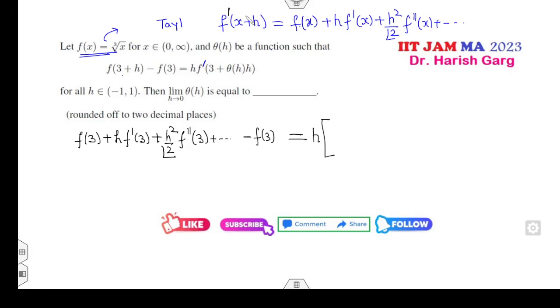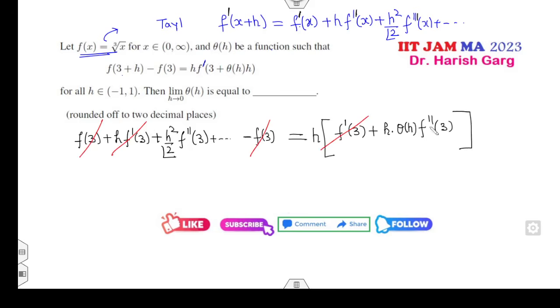Again I can apply the Taylor series on the f dash. तो ये f dash पे क्या हो जाएगा, यहाँ पे f dash हो जाएगा f double dash f triple dash. It's f dash of 3 plus h into f double dash of 3 and so on. Fine. Now you can see f3 will be cancelled out. H into f dash 3 will be cancelled out.